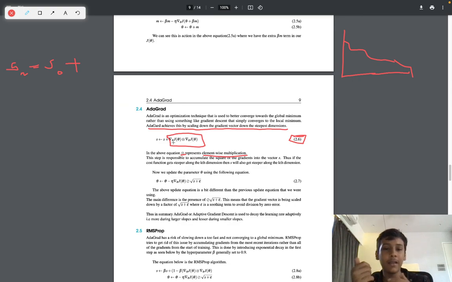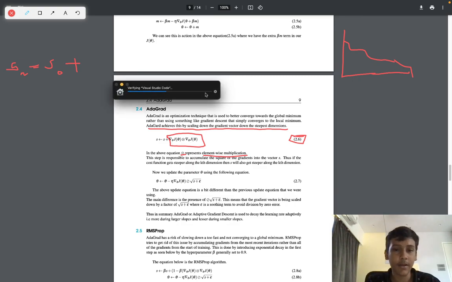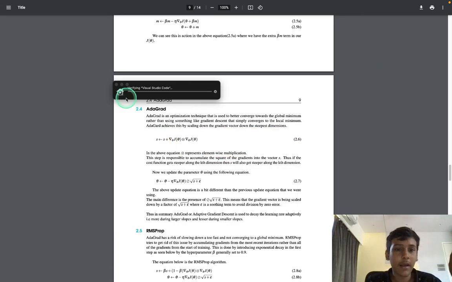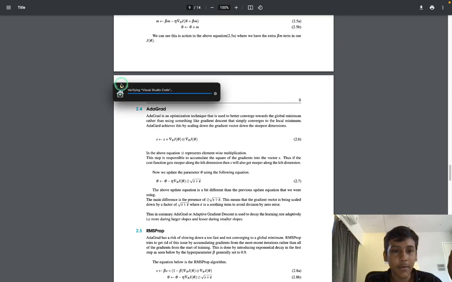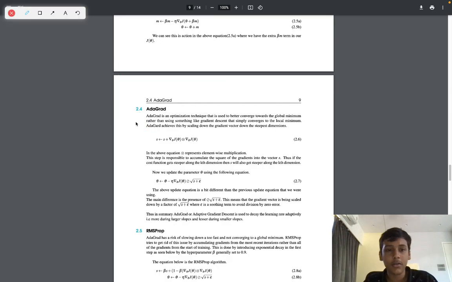So if the cost function is getting steeper along the kth dimension, then the value of s will also get larger along that dimension, and we can effectively get that by squaring the gradients.